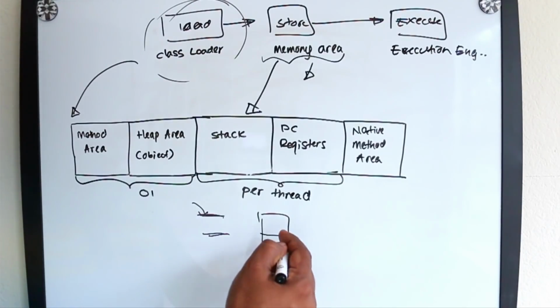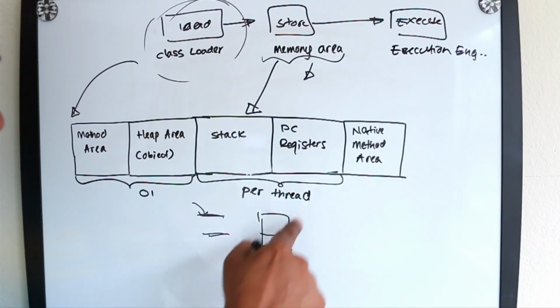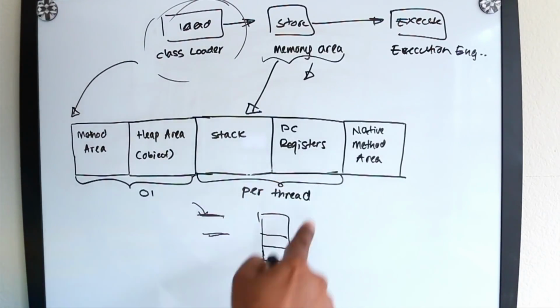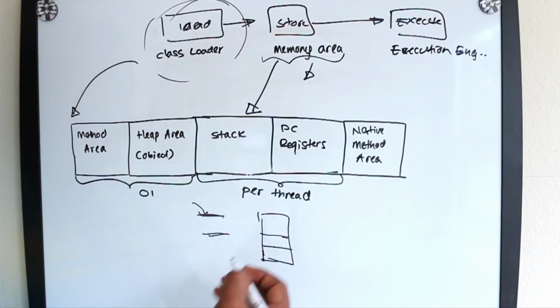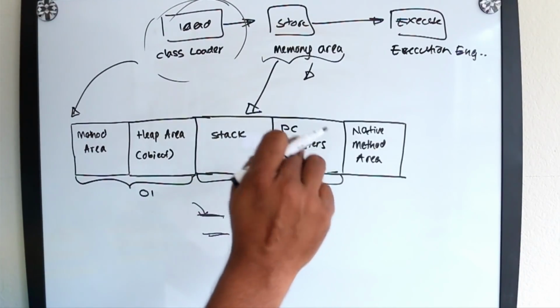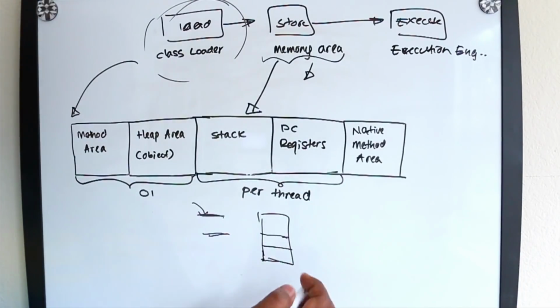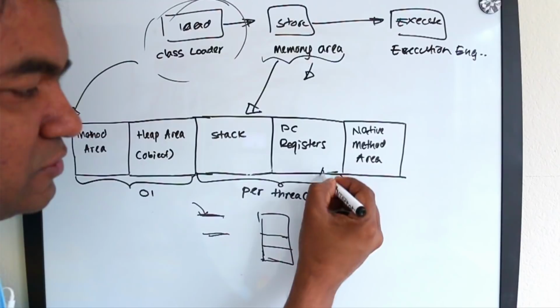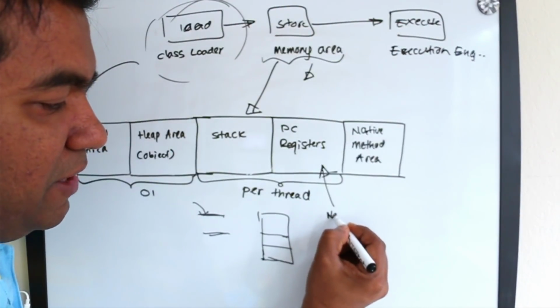As for the PC register, if you are executing your own method, if it is not a native method, the PC register will hold the information about the next execution.